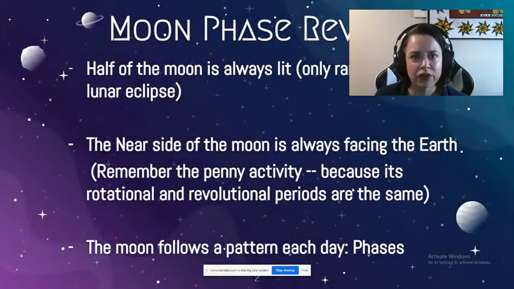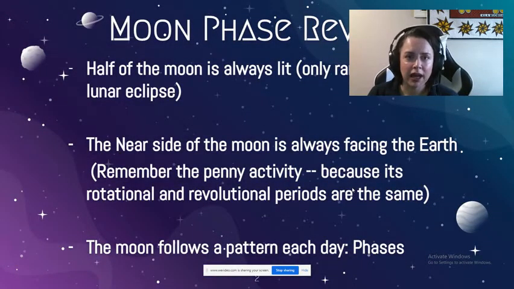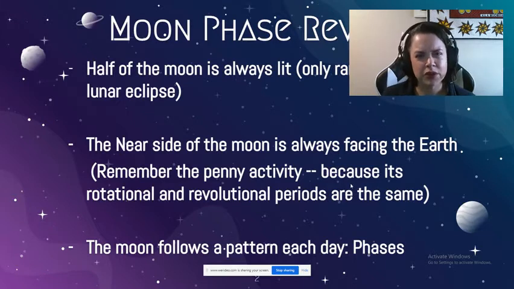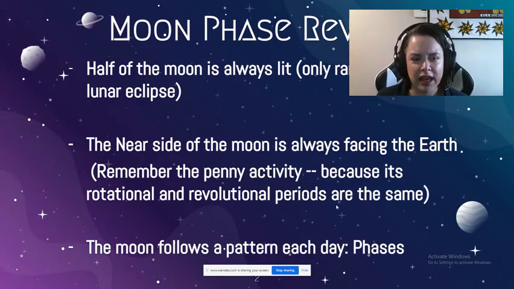So just a quick overview of where we were last week. If you are a little bit confused from the notes or anything like that, then I would encourage you to please come and ask questions. But we learned last week that half of the moon is always lit. So there are exceptions with eclipses, but we're always seeing half of the moon, and we're always seeing the near side of the moon.